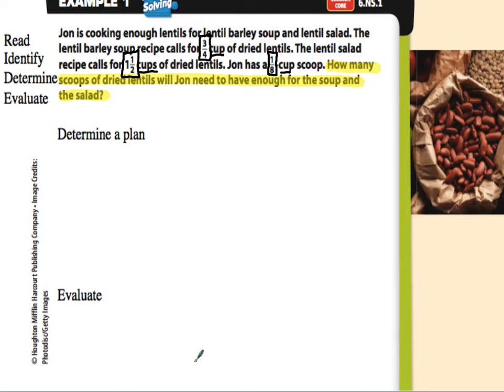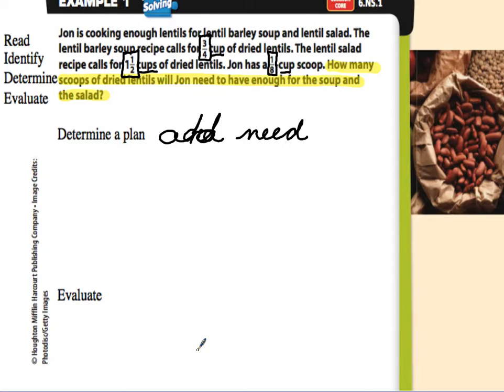Okay, so my plan, and I can write my plan out in words. I can add what I need. When I add what I need, that's going to give me the total that I need.